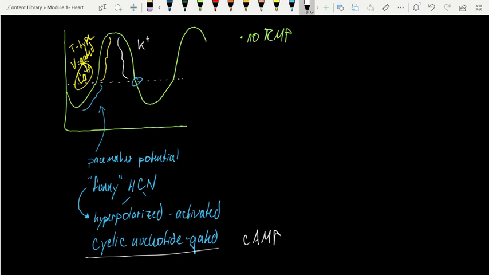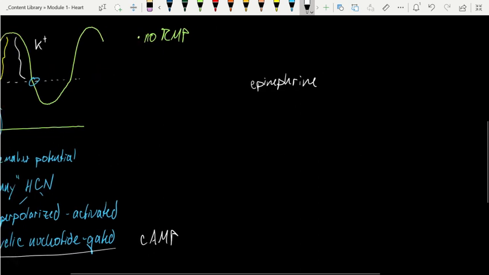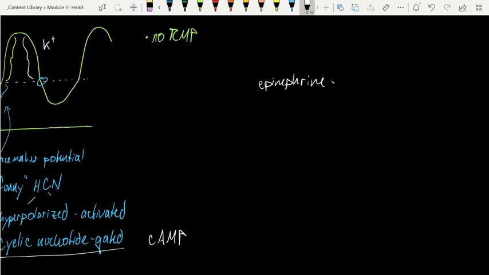The heart rate goes up. The hormone driving the fight or flight response is epinephrine. So let's see if we can't figure out how this works. Epinephrine from the adrenal gland, or if it's just local sympathetic activity, it would be norepinephrine delivered directly to the heart.